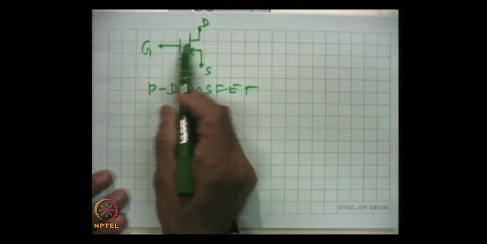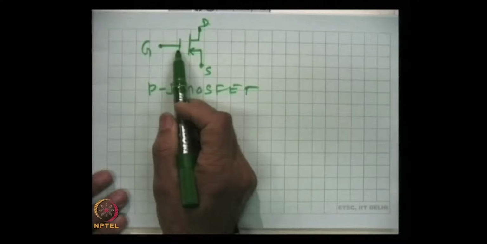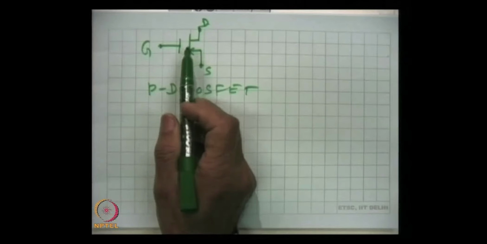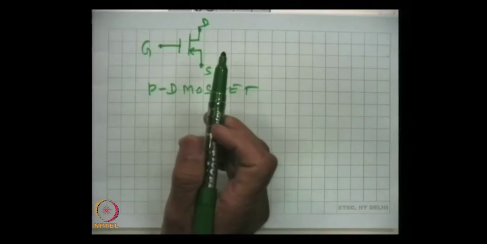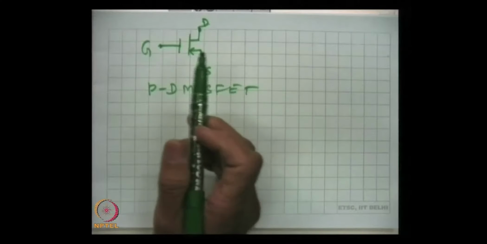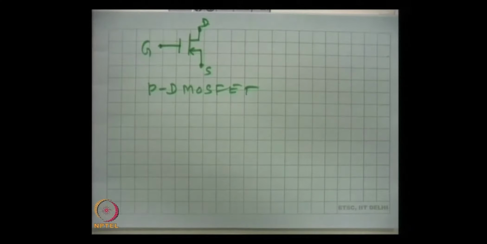Gate, drain, source, this is that indication of insulating layer between gate and the semiconductor, and so this is all about the depletion MOSFET.